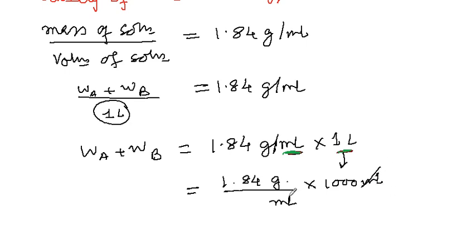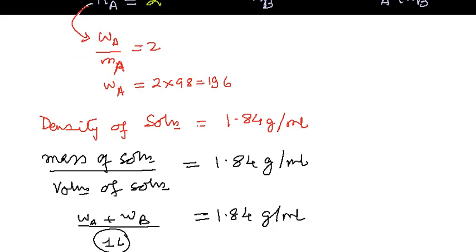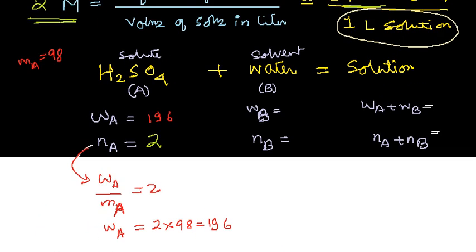So milliliter will get cancelled out. So we'll have 1840 gram. This is the mass of the solution. So the mass of the solution is 1840 gram.